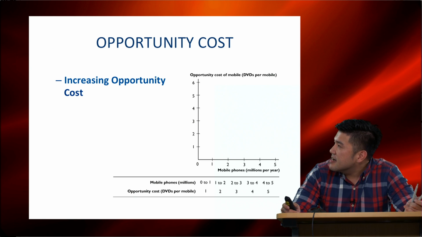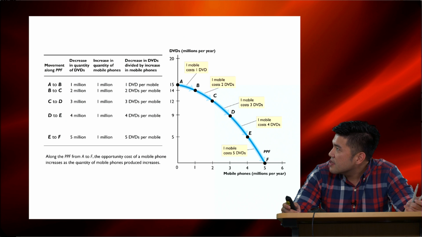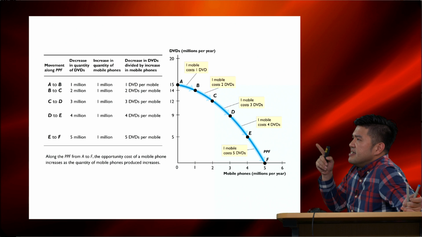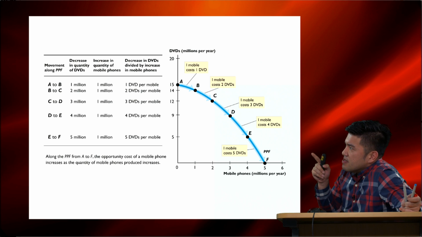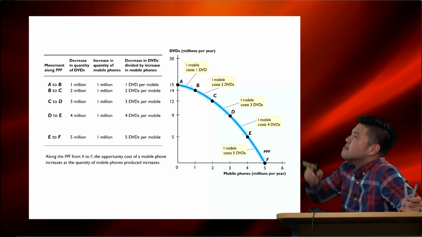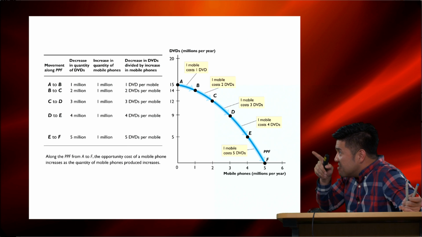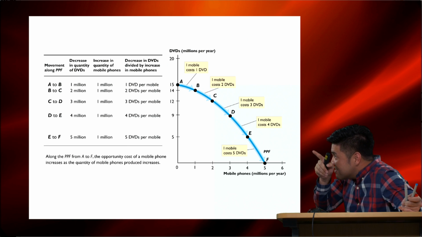Okay, guys, you see, guys, there's an idea of increasing opportunity costs. If we go back to this, okay, you see A to B, when you want to gain one more unit of mobile phones, you give up how many DVDs, guys? You give up one, right? Okay.